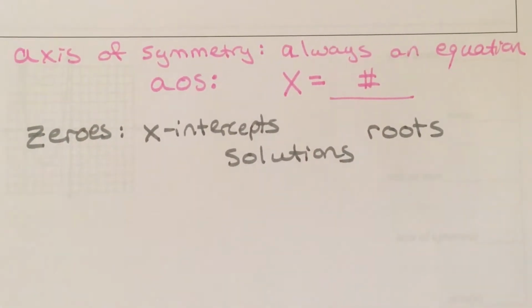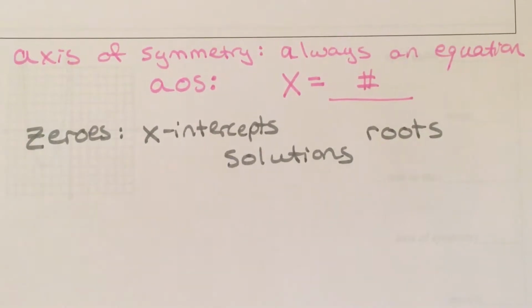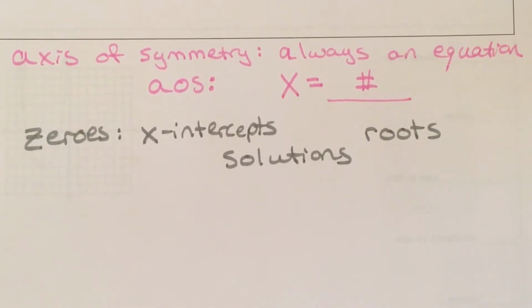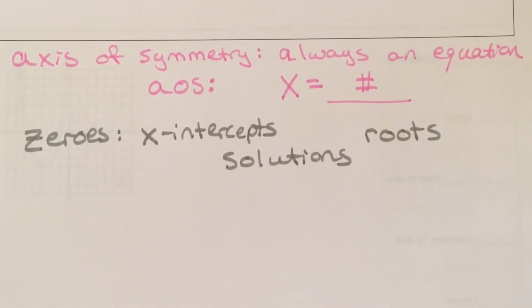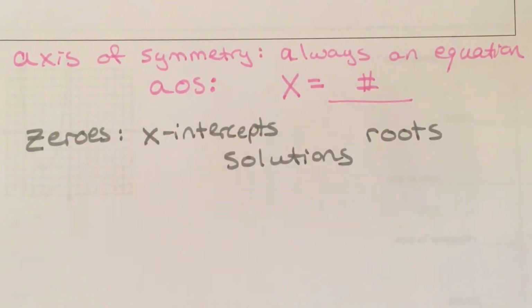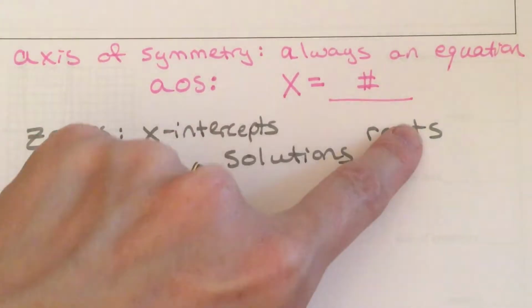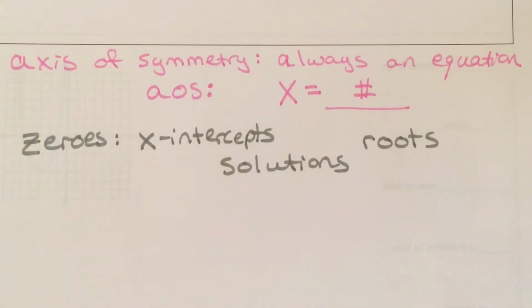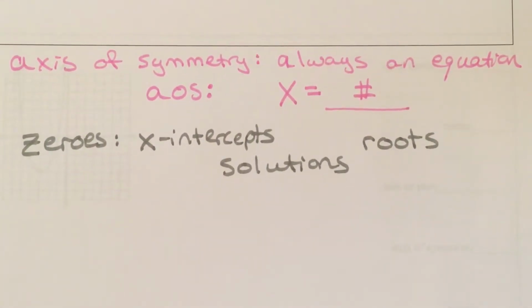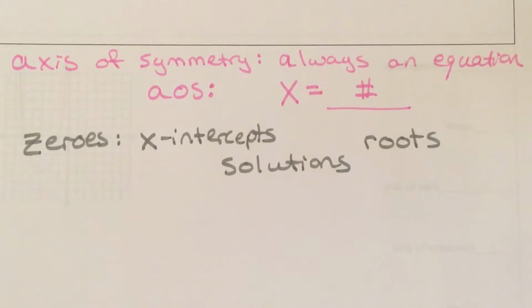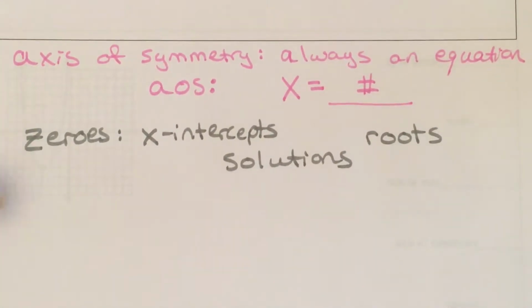So depending on the writer of a particular problem, text, or state test, they will interchange these 4 terms and expect you to know that they mean the exact same thing. So now that we have that, let's go to work and knock this out.